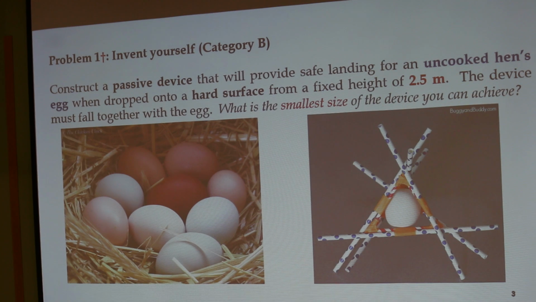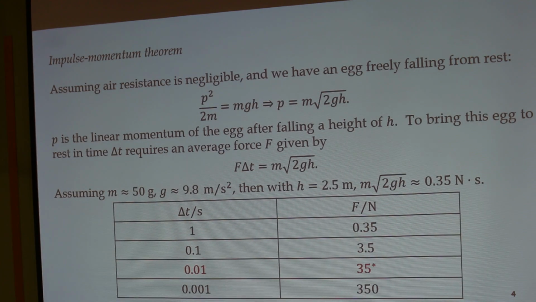So in this case here, if we look at how the egg gets cracked, it has to do with the fact that if you release the egg, and we assume that it's going to be freely falling, in other words, no air resistance, when it reaches the floor just before impact, it will have a certain momentum.